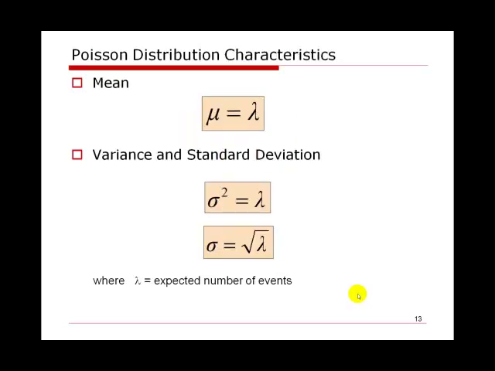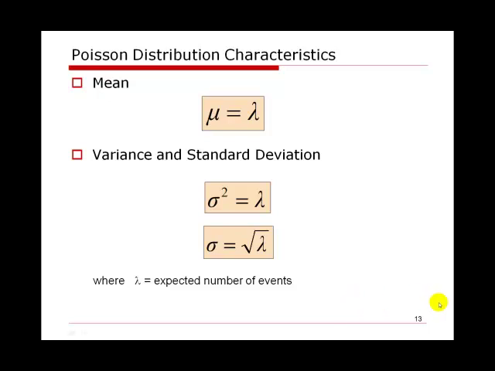Now let's take a look at the Poisson distribution characteristics. The unique part for the Poisson distribution is that the mean and the variance always equal the expected number of events in a given area of opportunity, which means the mean and the variance always equal lambda.